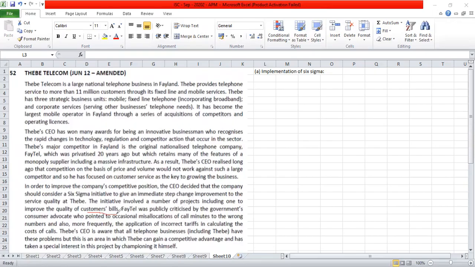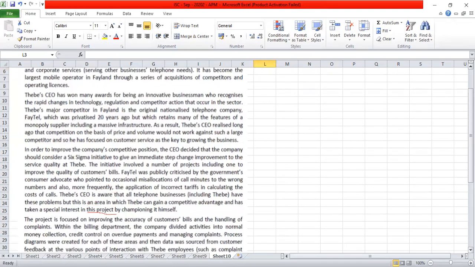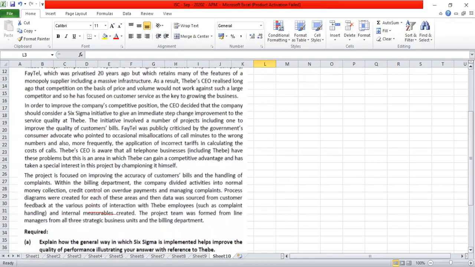Thebe's CEO is aware that all telephone businesses, including Thebe, have these problems, but this is an area in which Thebe can gain a competitive advantage, and he has taken a special interest in this project by championing it himself.